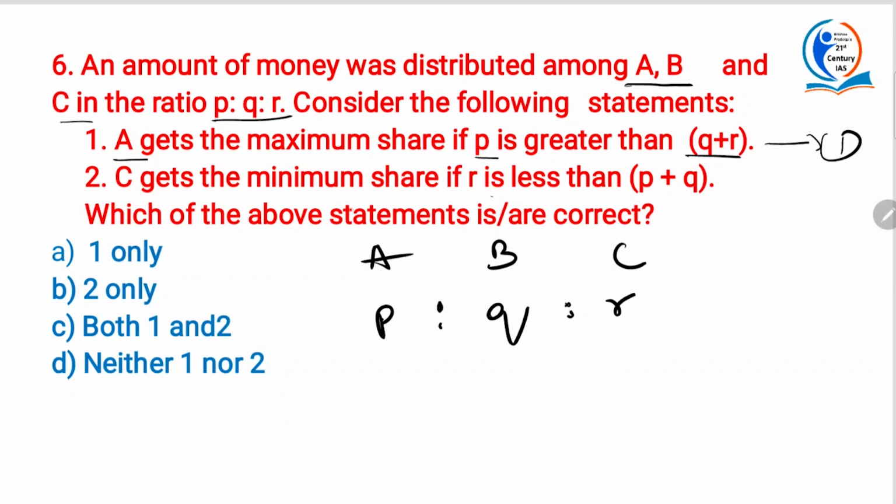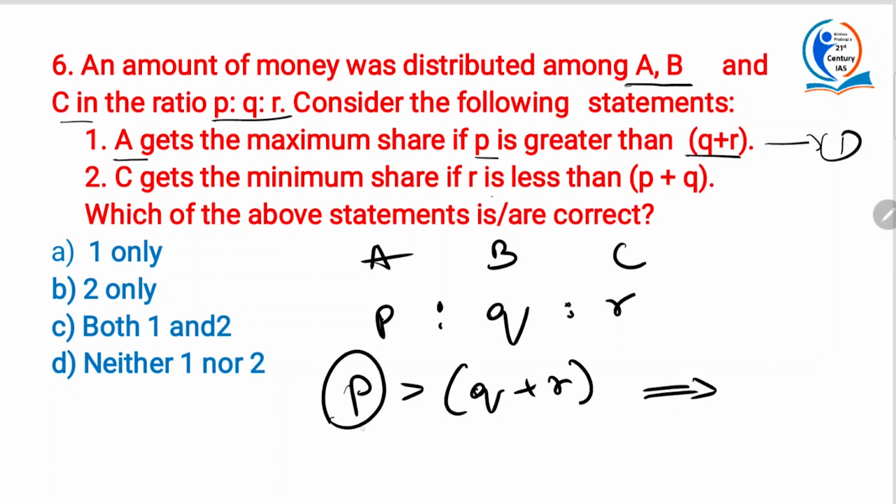Now, consider this first statement. If P is greater than Q plus R, this implies P is the largest of all the 3 numbers. Yes or no? See, it's money, so it cannot be negative. If you're giving 1 rupee, it's 1 rupee only, unless you are returning it back or something like that, but no such case is given. So P, Q and R are positive numbers.